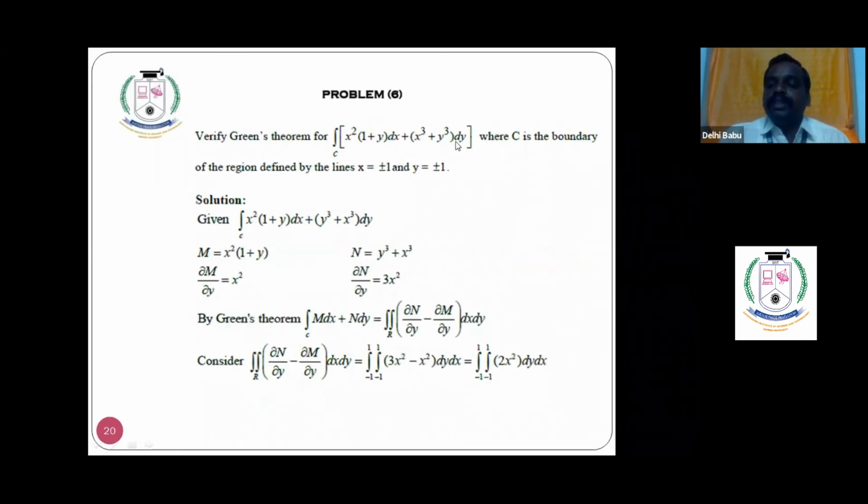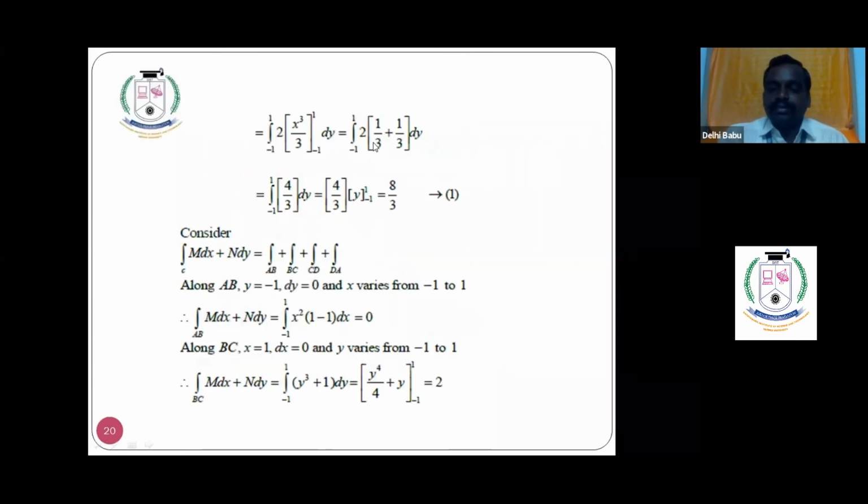From this, dy is 0, that means this part is 0. And y equal to minus 1. When I substitute y equal to minus 1, here 1 minus 1, what is 1 minus 1? 0. So 0 into x square is 0. Integral of 0 is 0. So the entire integration is 0.